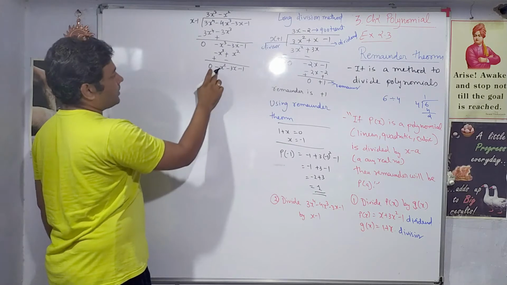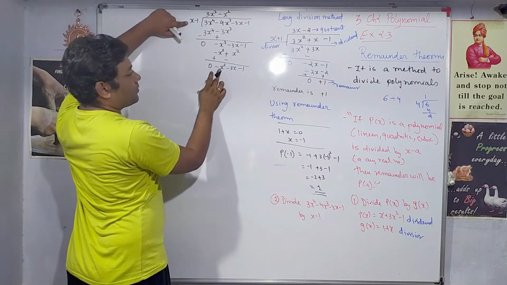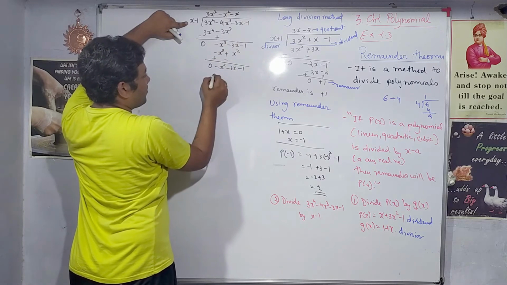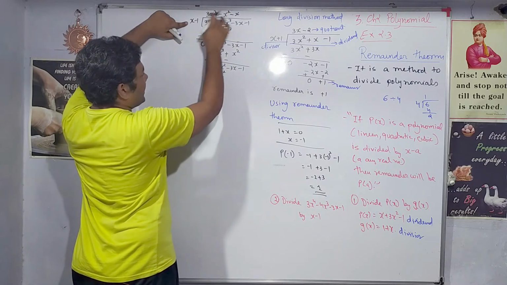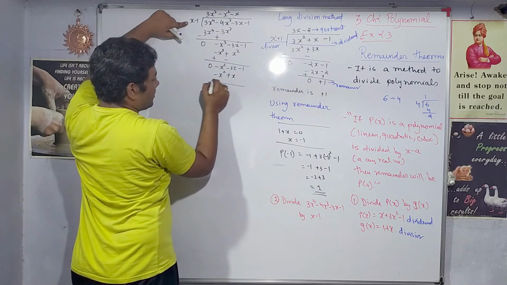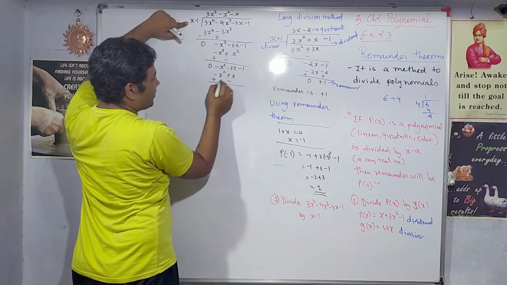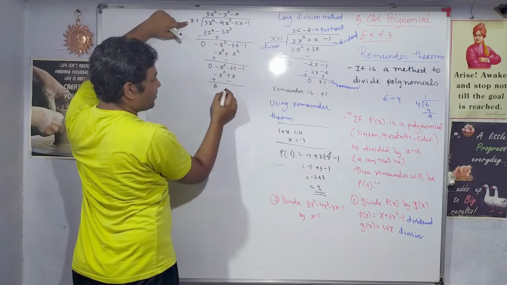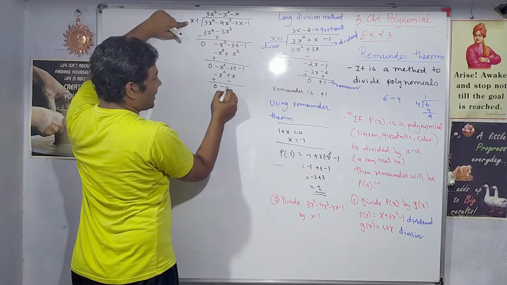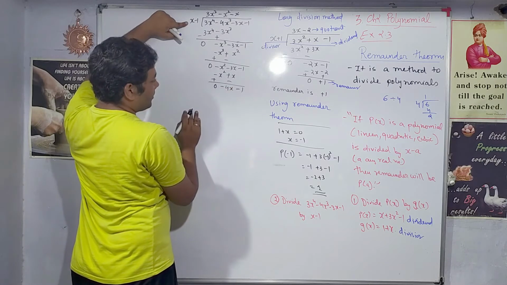So now what will you multiply with the x to get minus x square? I will multiply with the minus x. So multiply, minus x square, minus 1 into minus x is plus x. Sign changing. This will be 0. These are again like terms, so you can carry out. Both are negative, so it will be addition, minus 4x minus 1, correct?